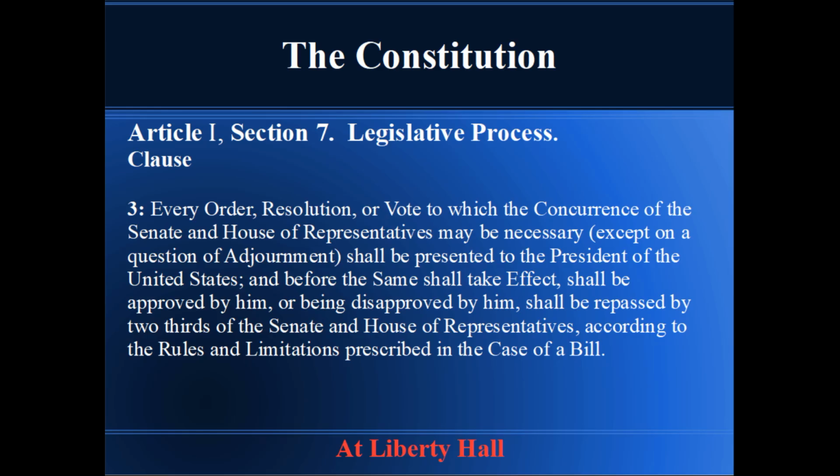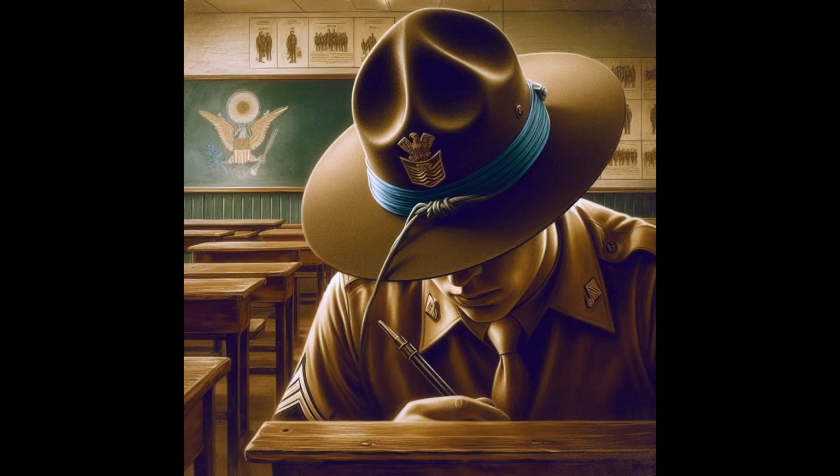Article 1, Section 7. Legislative Process. Clause 3. Every order, resolution, or vote to which the concurrence of the Senate and House of Representatives may be necessary, except on a question of adjournment, shall be presented to the President of the United States, and before the same shall take effect, shall be approved by him, or being disapproved by him, shall be repassed by 2/3 of the Senate and House of Representatives, according to the rules and limitations prescribed in the case of a bill. 3.